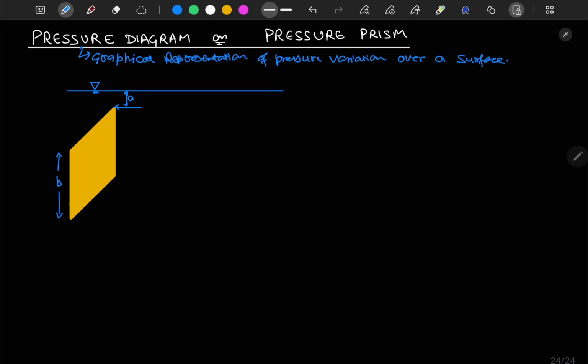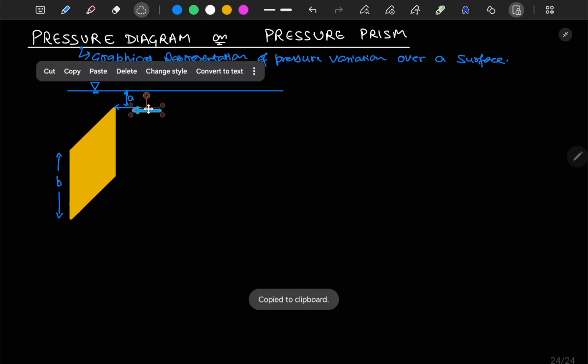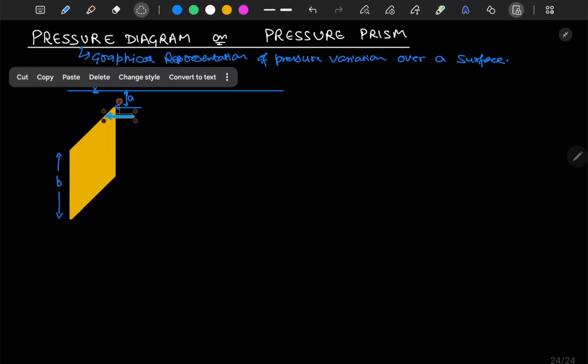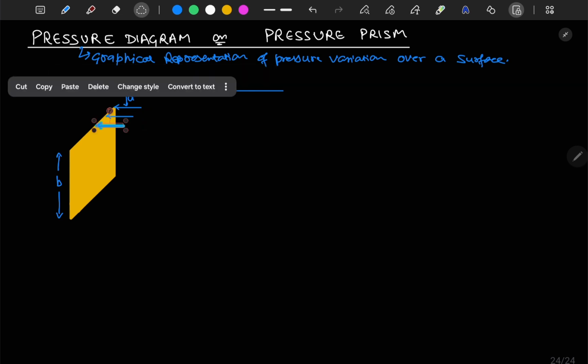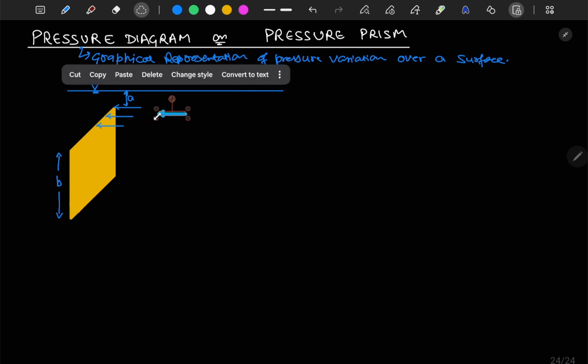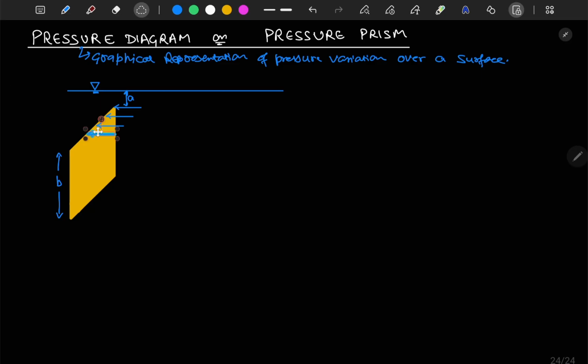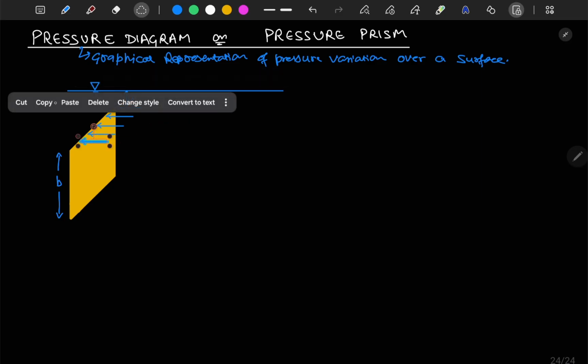If I want to draw the pressure at these points, here, this will be your pressure variation on top of the plate.